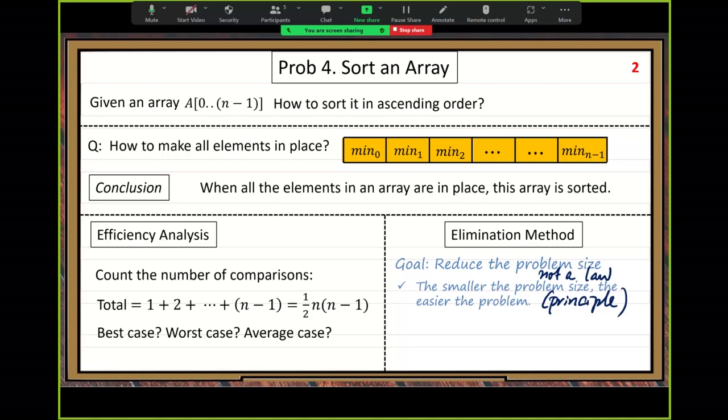If it's a principle, it is 90-something percent correct, but there is some exception. That means this statement sometimes may not be correct. So here, let me talk about the exception.